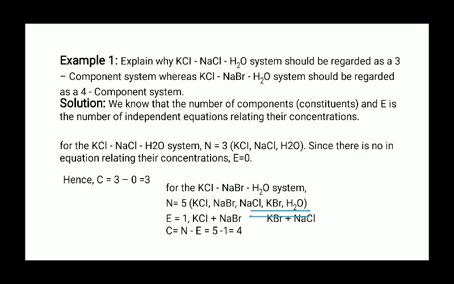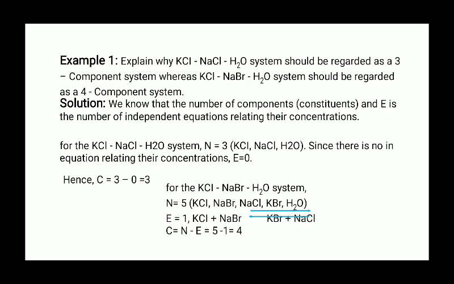We know that N is the number of components and E is the number of independent equations relating their concentrations. For KCl, NaCl, water, N is equal to 3. Since there is no equation relating these concentrations, E is equal to 0.